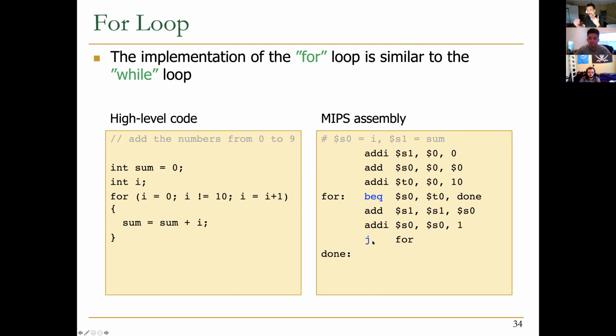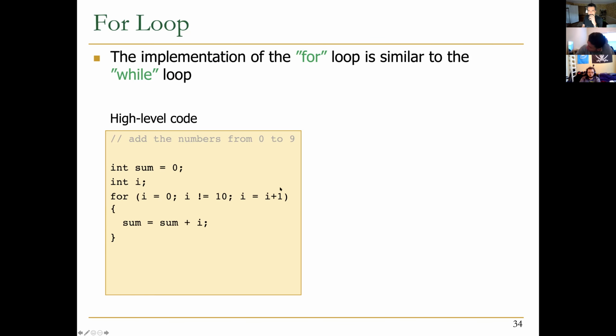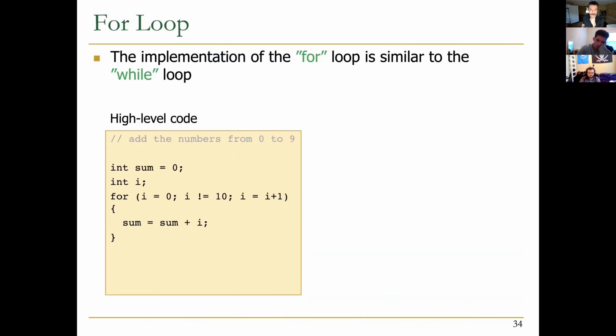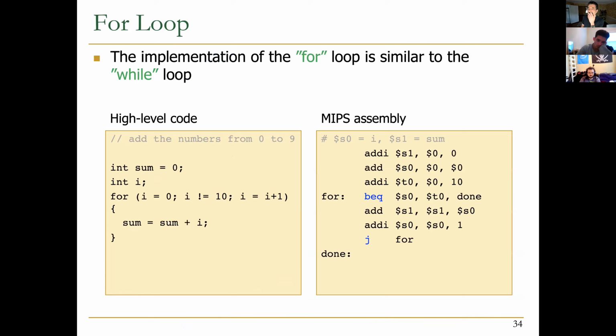So again, a combination of branch equal and jump, very similar to while. If you compare it with the while, it's exactly the same, right? The only thing that has changed is we changed the label, and you know that you could use the same label.